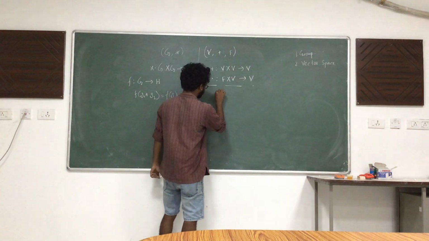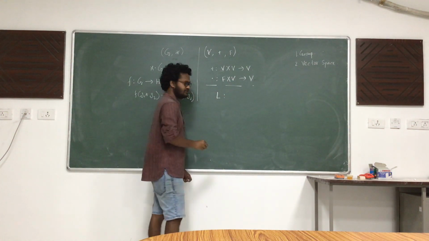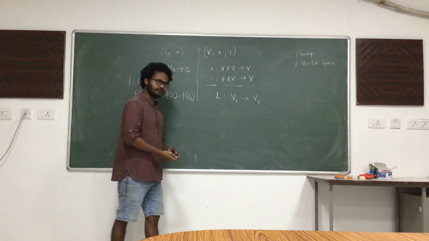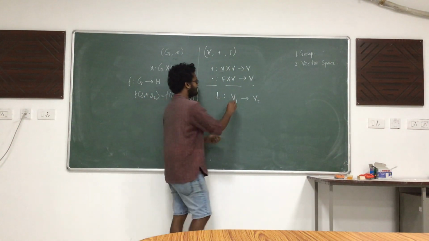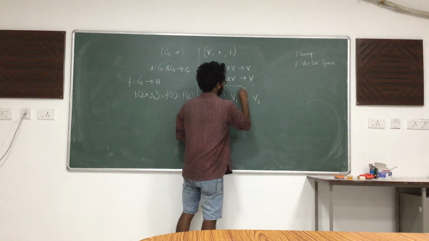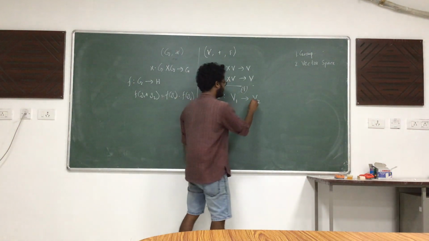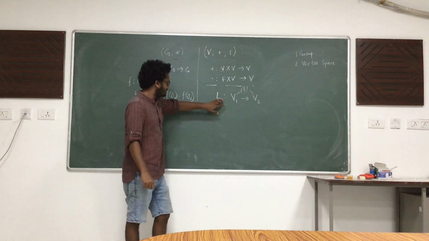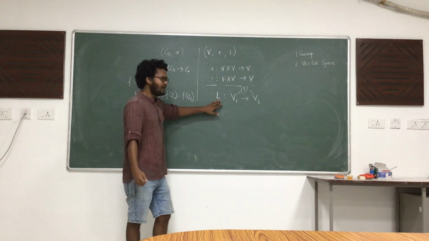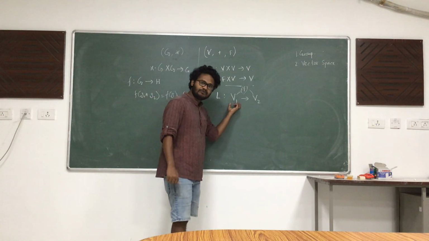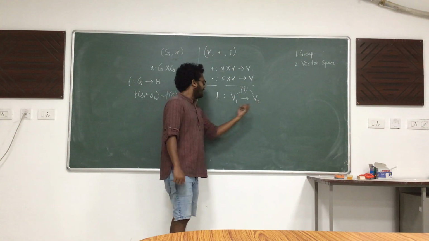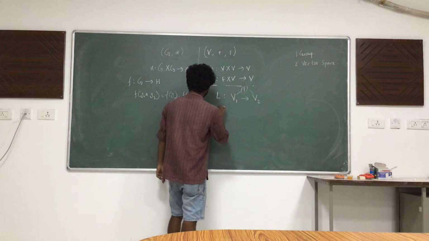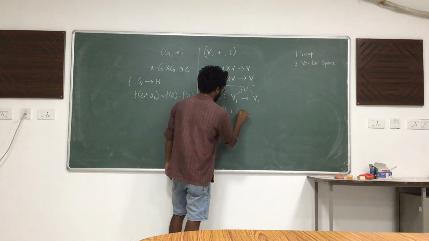Let us say a function L, which is a map from V1 to V2, where V1 is a vector space over the field F and V2 is also a vector space over the same field F. We define a mapping from V1 to V2, and it will be called a linear transformation if the following two conditions are satisfied.